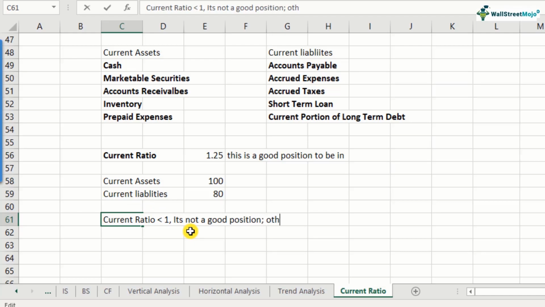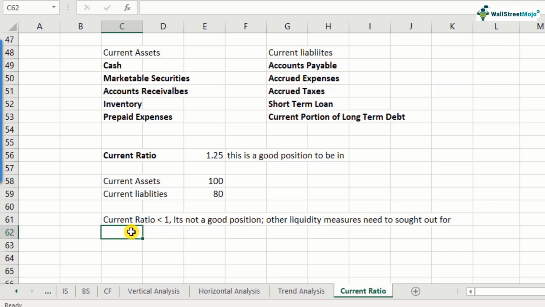You have to find out other liquidity measures, meaning other ways, like a loan from the bank, etc., to pay off your current liabilities. So this is not a good position to be in. If current ratio is equal to 1, obviously it's just enough to ensure that your liabilities are met.